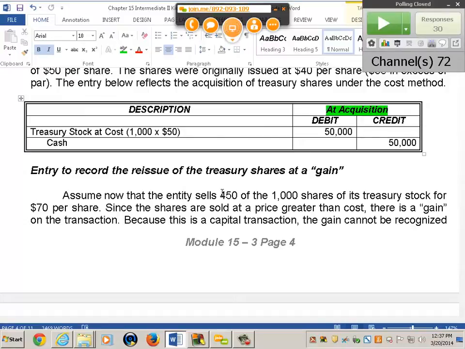The cost of 450 times the 50 is $22.5. And there is a gain, which is additional paid-in capital from treasury stock of $9,000.